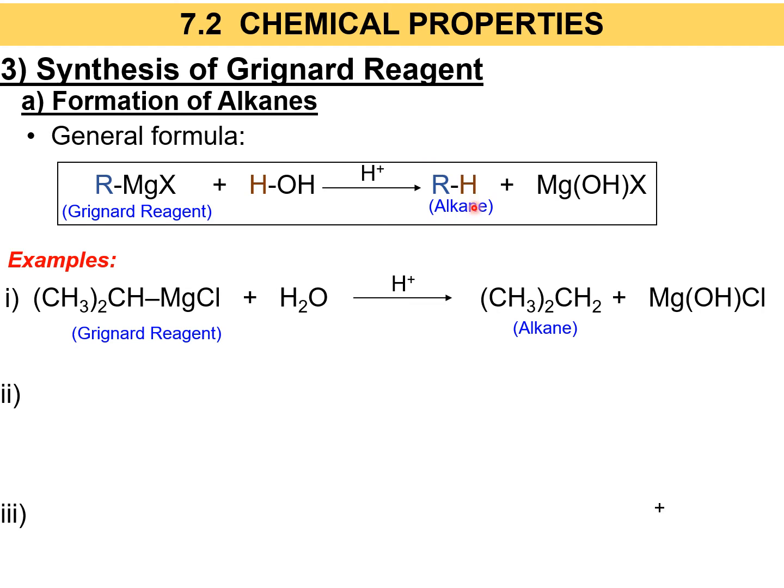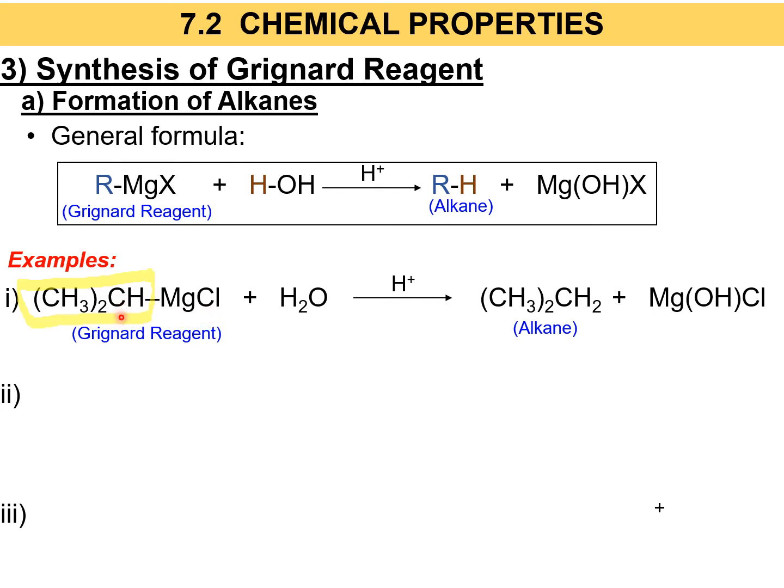Okay. So for example, if you have this Grignard reagent, okay, they react dengan H2O dengan H+, because they nak form alkane, right? So first thing first, I want you to recognize the alkyl group here. So this is the alkyl group that is directly attached to the Mg halogen Cl. Okay, because why?